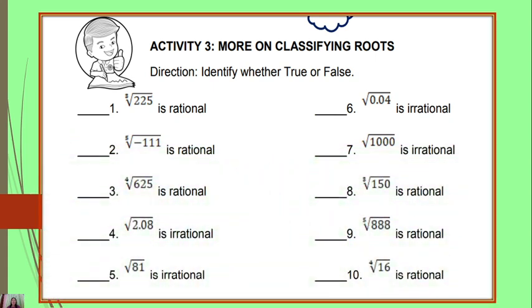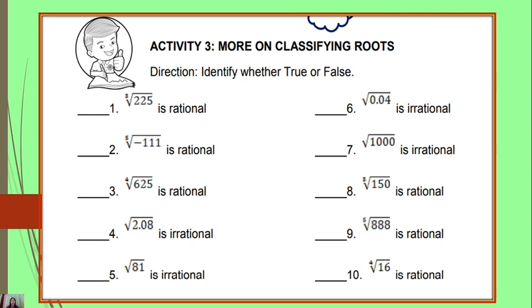Next. Another, we have activity number 3, more on classifying roots. Direction, you identify whether true or false. Let's say, cube root of 225. You think of a number that if you will multiply it 3 times by itself, it gives 225. Okay? Can we have 5? 5 times 5 is 25.